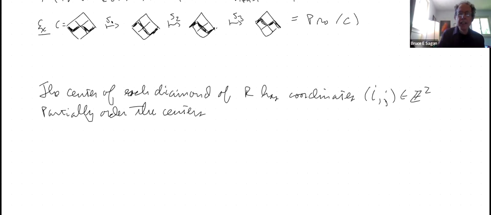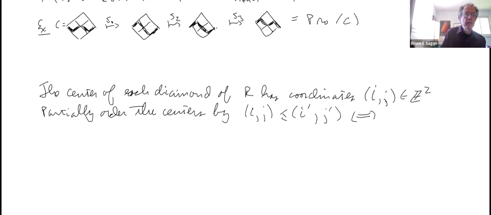Say (i, j) is going to be smaller than or equal to (i', j') if it's coordinate-wise.